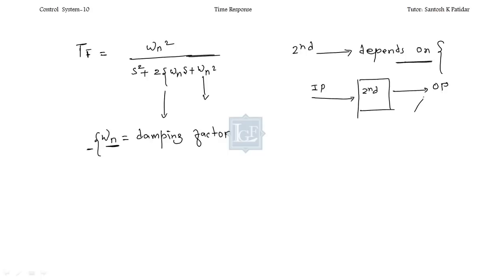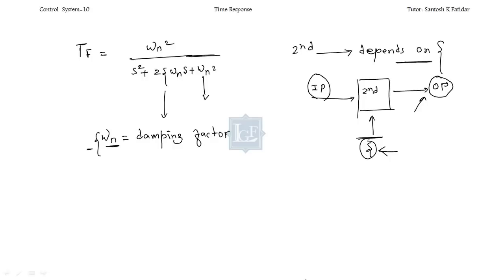The nature of this output will be decided by this zeta. So this is the third party which is affecting the relation between input and output, okay? So this is an outsider, correct?